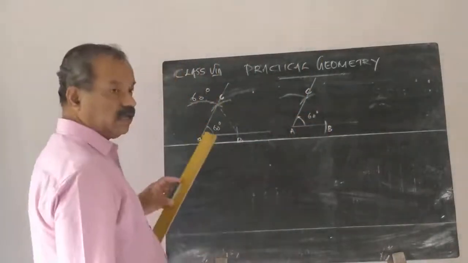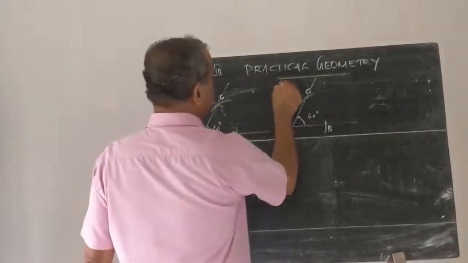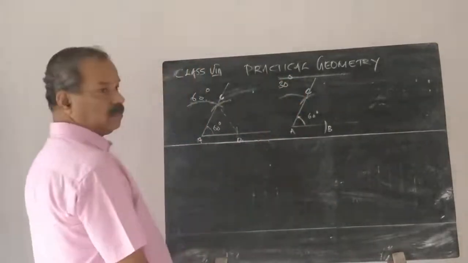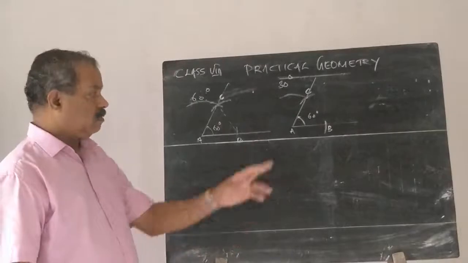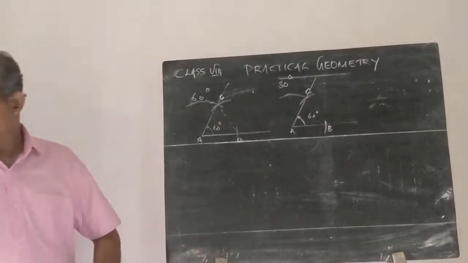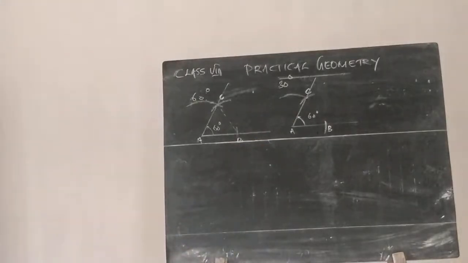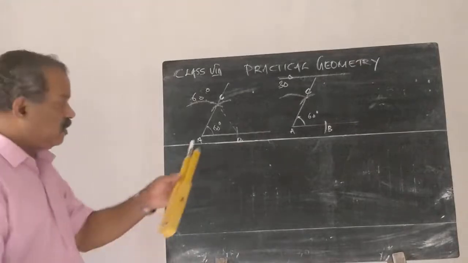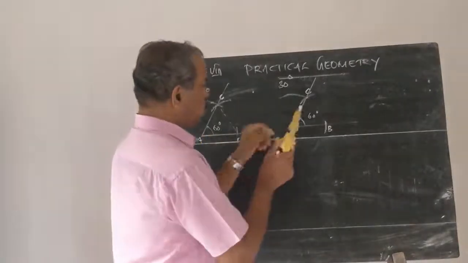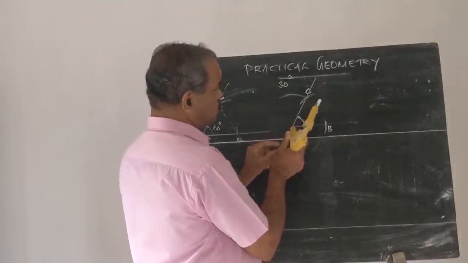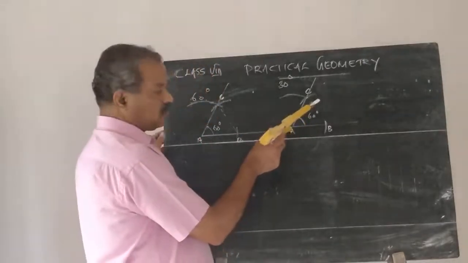Now from 60 degrees, how can we draw an angle of 30 degrees? Divide this into two equal parts. If we divide this into two equal parts, we can draw the bisector of this angle. How do you draw the bisector of this angle?